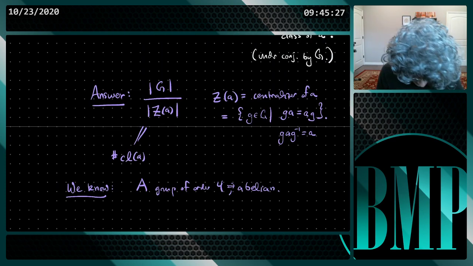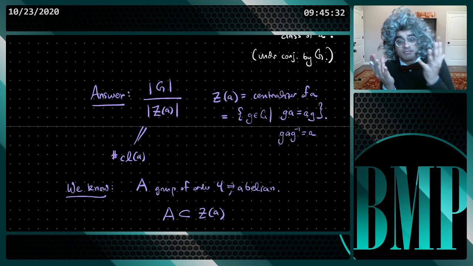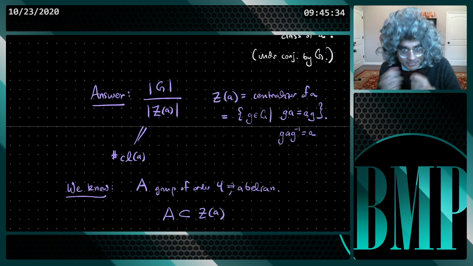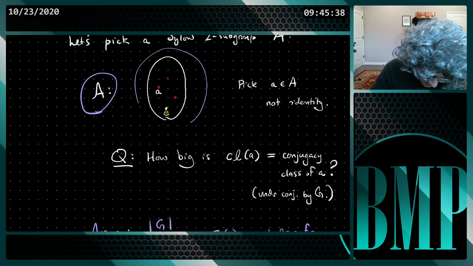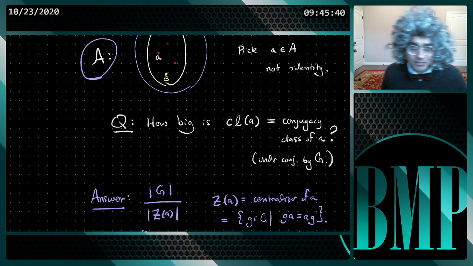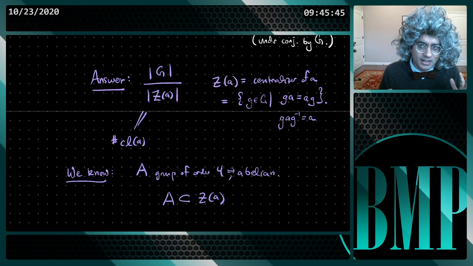And so A has to be contained in the centralizer of little a. Little a commutes with everything in A because little a is in A. That's a commutative group already. Good. Can the centralizer be bigger?